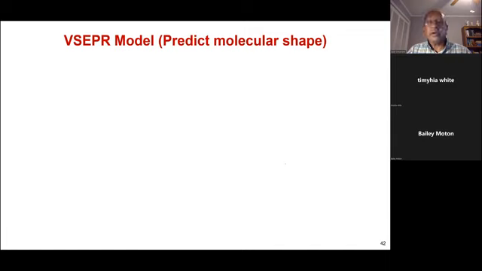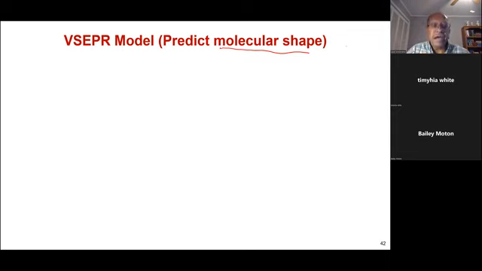Now, Lewis structures never tell the shape of the molecule. They only tell bonding, whether it's an octet or duet, single bonds, bonding electron pairs, lone pairs. They talk about bonding aspects, not about the shape.